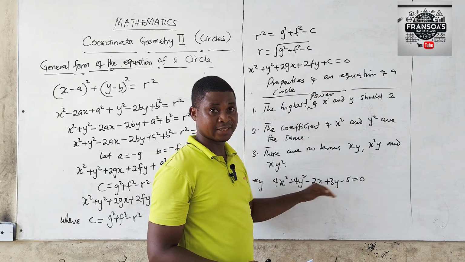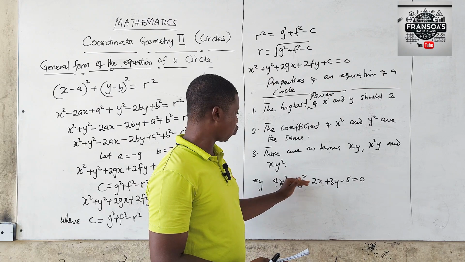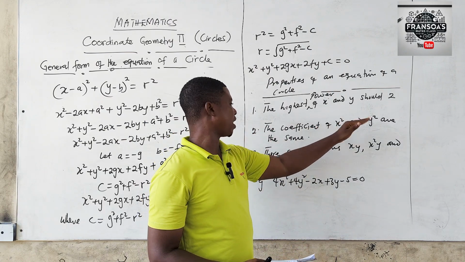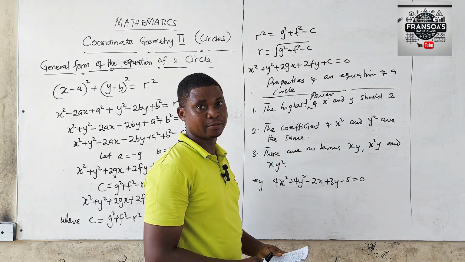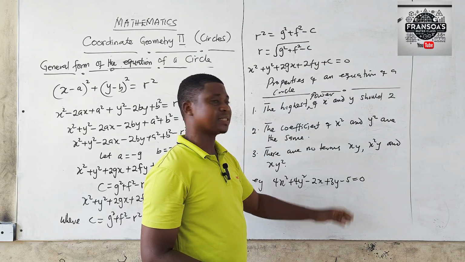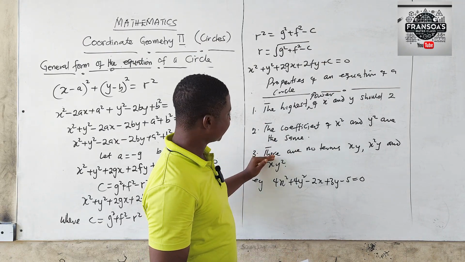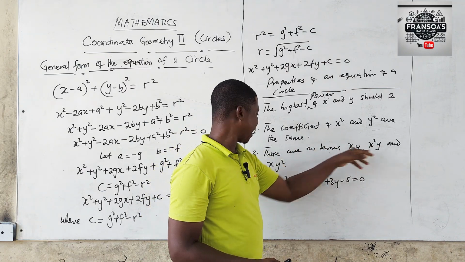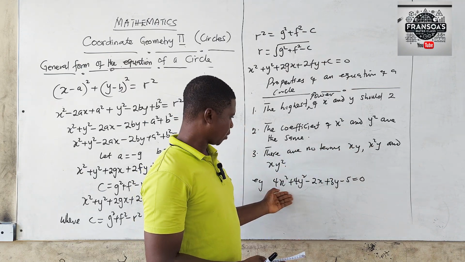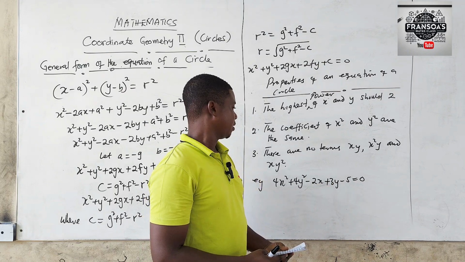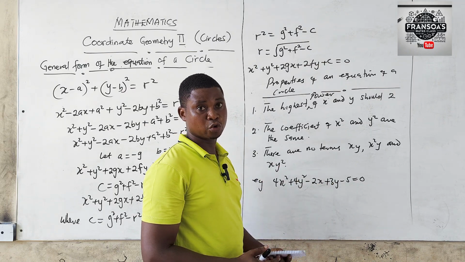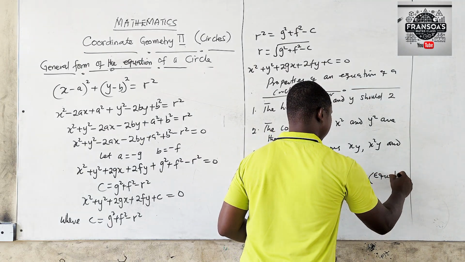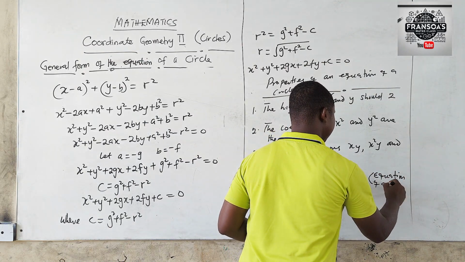And yes, the highest power of x and y is 2. Second, the coefficients of x squared and y squared are the same. And yes, they are the same. Then there are no terms in x squared y and xy squared. And when you compare this equation, yes, we don't have those terms. So it means that this equation is an equation of a circle.